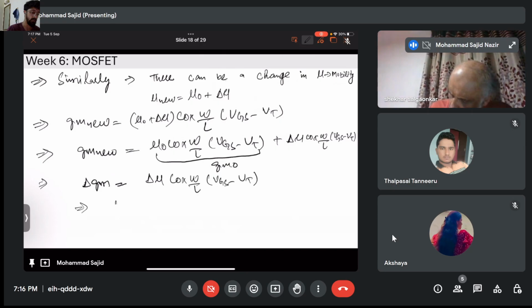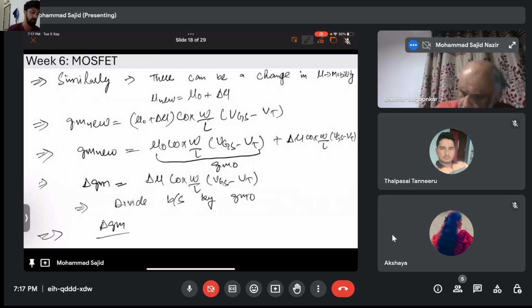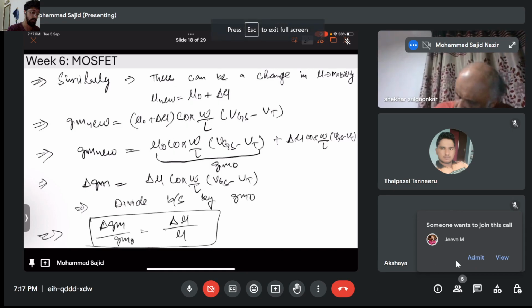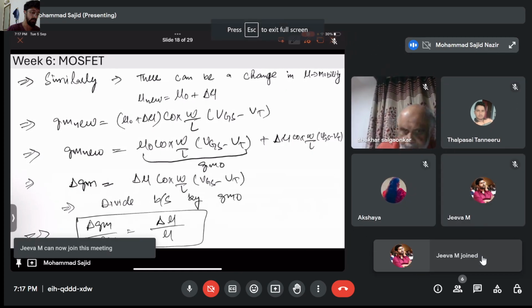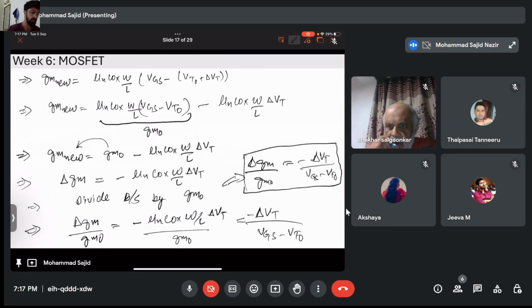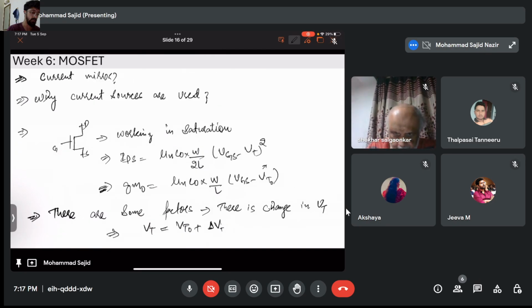Divide both sides by GM naught, you will get delta GM by GM naught is equivalent to delta mu by mu. So this has a significant dependence on change in the mobility.